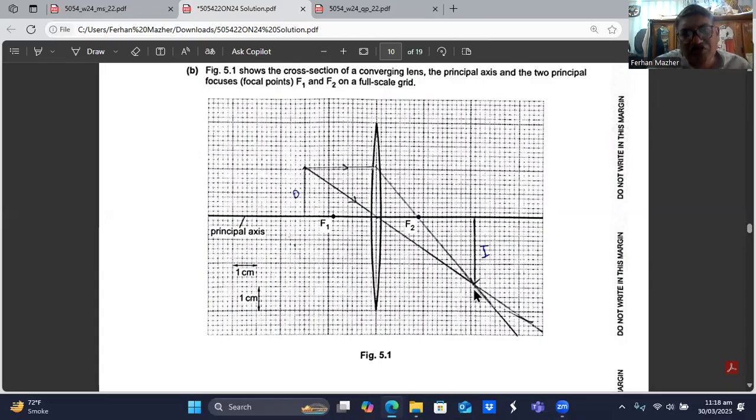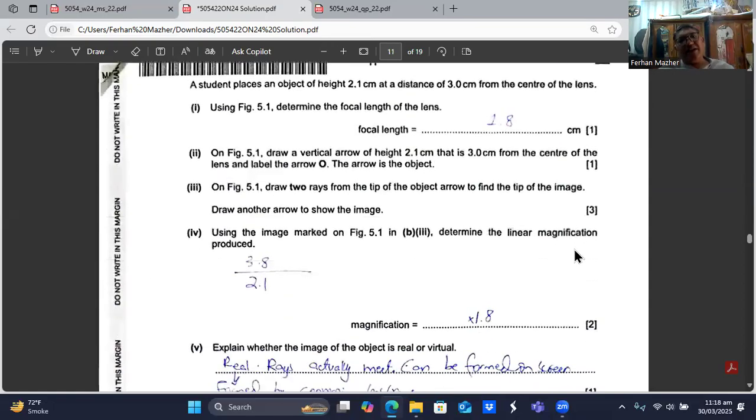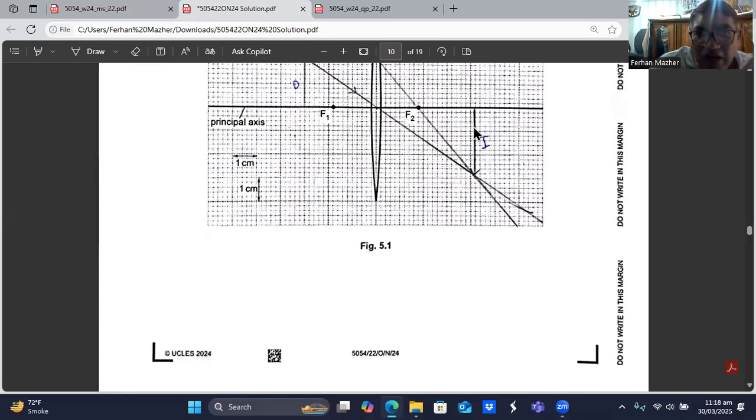It's almost like maybe 2.9 or maybe 3. So you can take it 2.8, 2.9. So the linear magnification will be, sorry, it's 3.8. Let me check. Oh yeah, 1, 2. Oh, it looks like 2.8 to me.